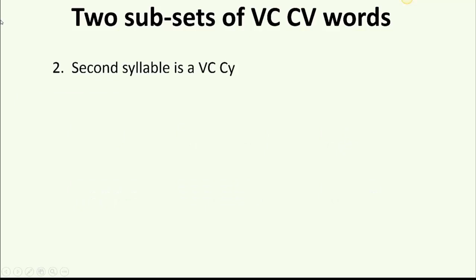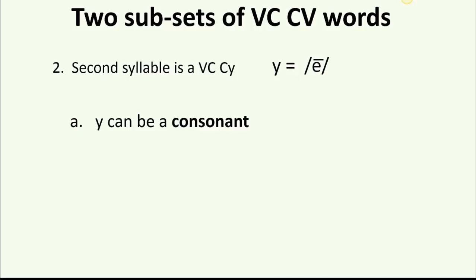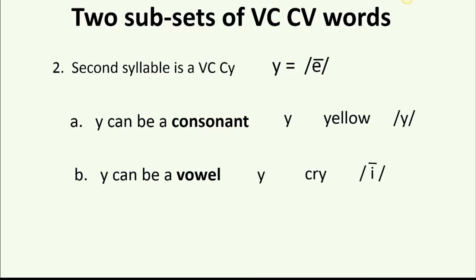The other subset is words where the second syllable ends with a Y that sounds like a long E. You would have had to first teach that Y can be a consonant, but that it can also act like a vowel.